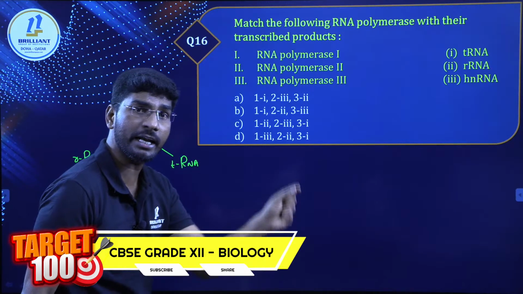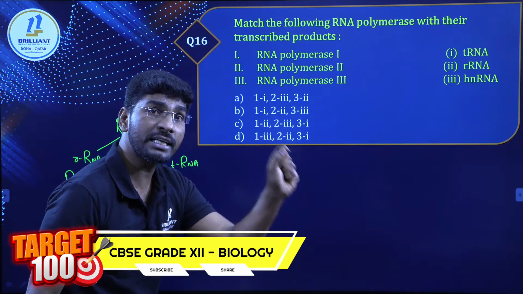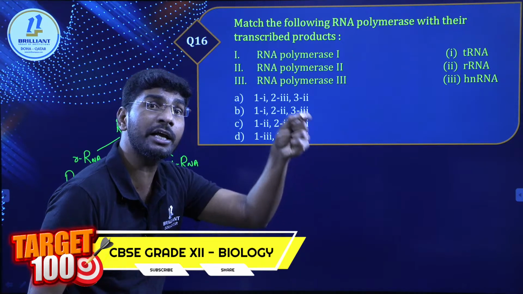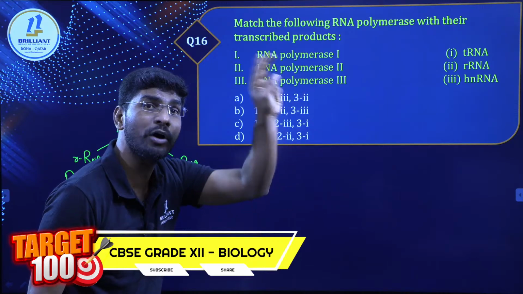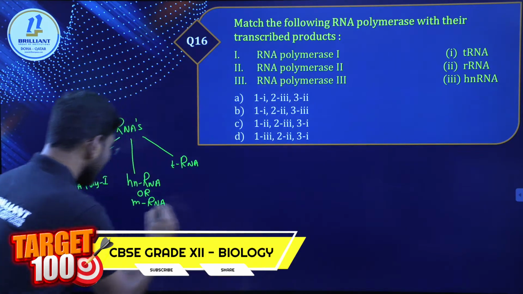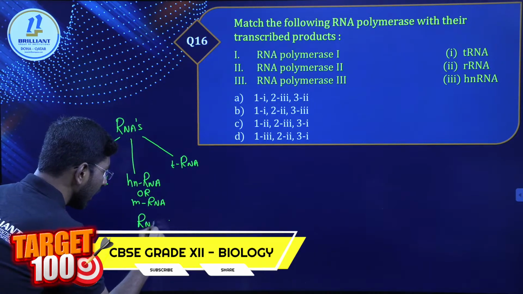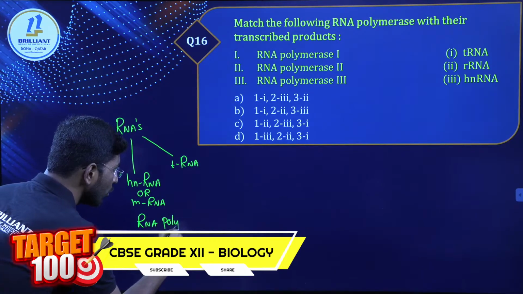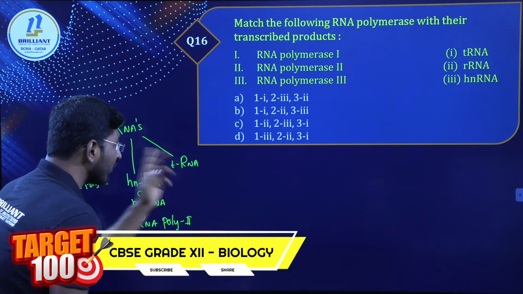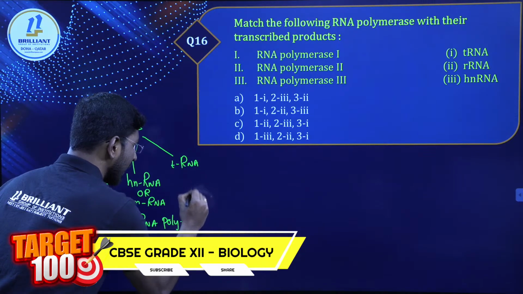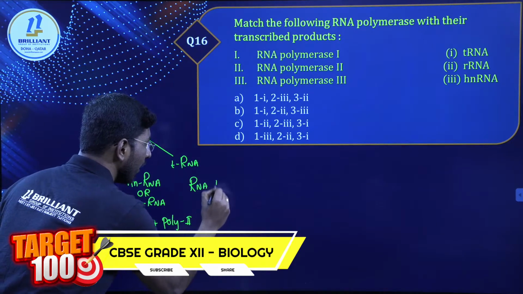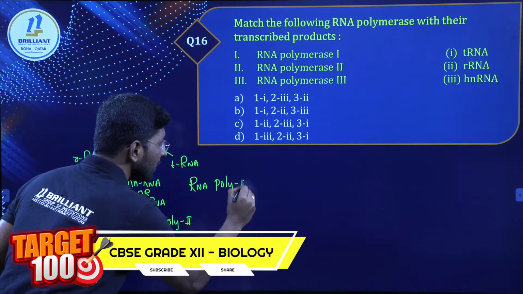Remember, students, RNA polymerase 1. For the transcription of hnRNA or mRNA, RNA polymerase 2. Here I'm writing RNA polymerase 2 enzyme. For the transcription of tRNA, I can write RNA polymerase 3 enzyme.